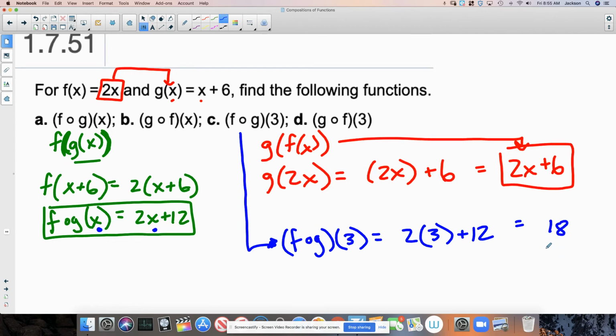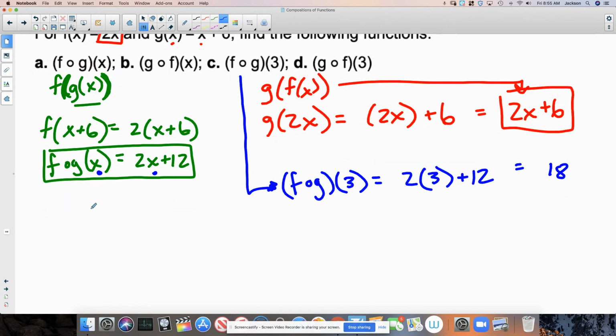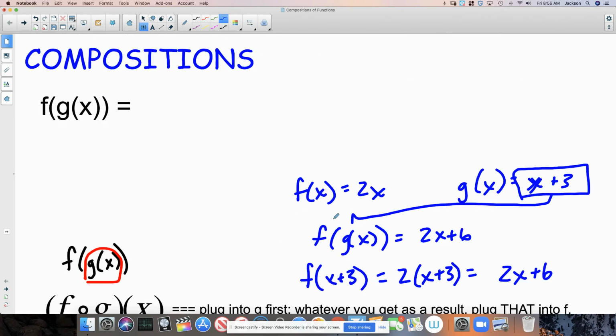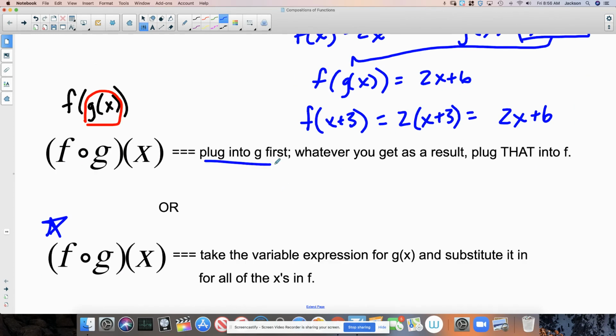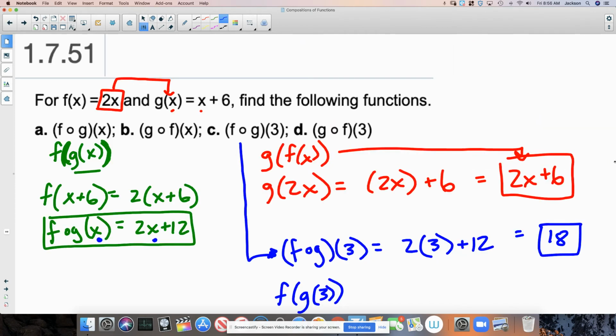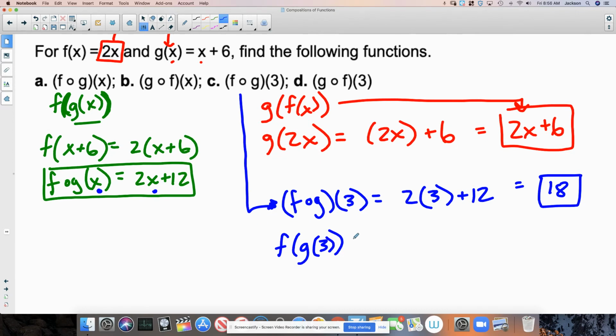Now, the alternative option. So this is fine, we're plugging that number into the composite function. The other way to look at this, which was talked about in the previous slide, is to plug this into g first. Whatever you get as a result, plug that into f. So let's see what g of 3 is.